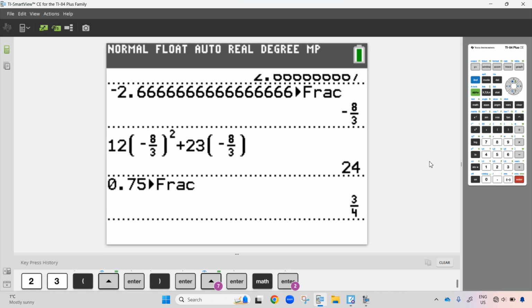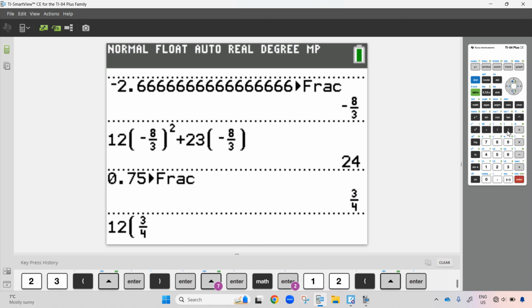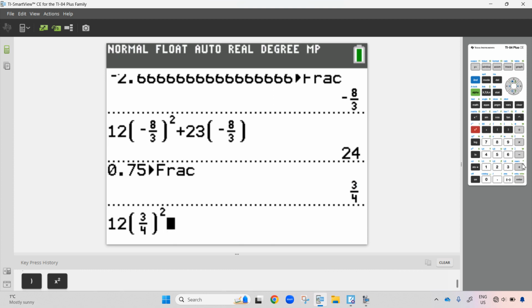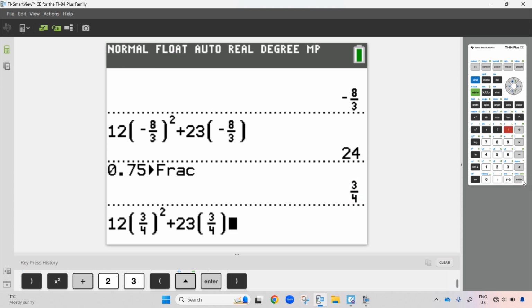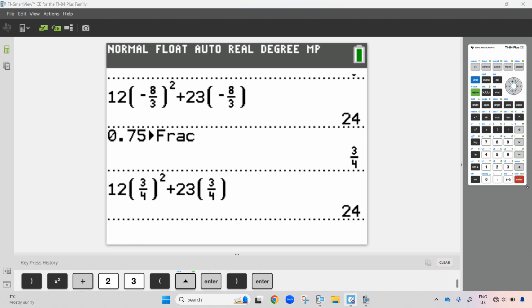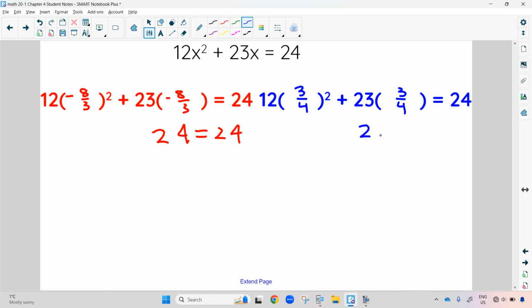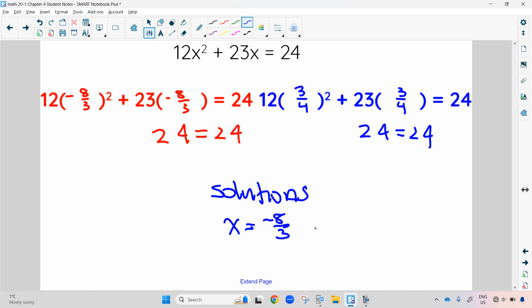So same thing, I'm going to do 12 and in brackets, 3/4 squared, and then plus 23 in brackets. And then I'll go here to 3/4, and that is equal to 24. So I know that 24 equals 24, so I can safely say for sure my solutions are x equals -8/3 and x equals 3/4.